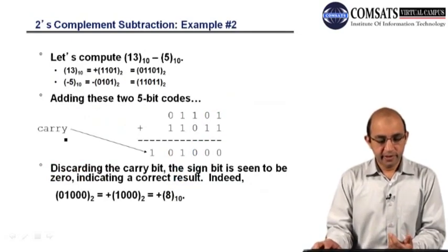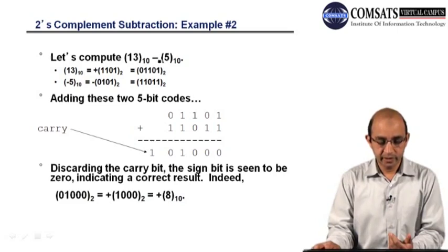So this is another example of subtraction using twos complement. We have two numbers, 13, and we have to subtract 5 from it, right? So we will convert 13 to the equivalent binary number, which is this, and then we will convert 5 to binary, right?